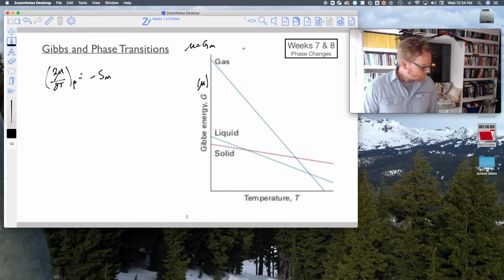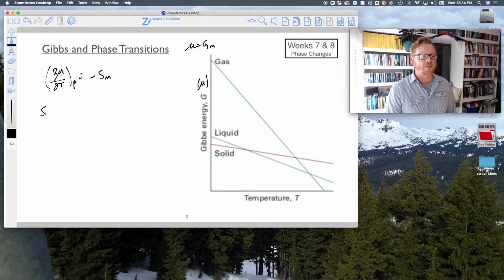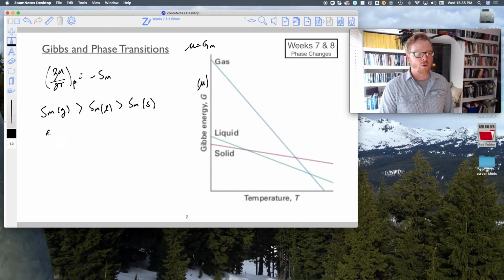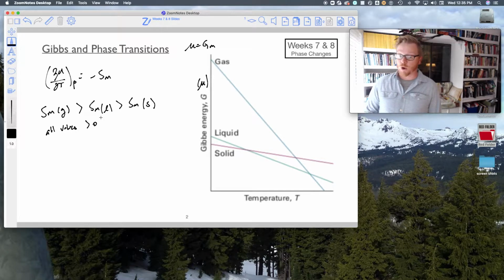It's important to note here that the molar entropy of a gas is greater than the molar entropy of a liquid, which is greater than the molar entropy of a solid. And all of these values, of course, are greater than 0.